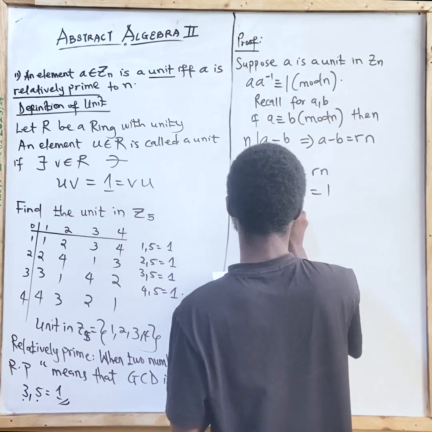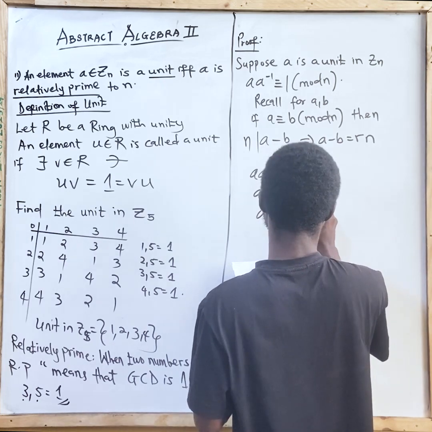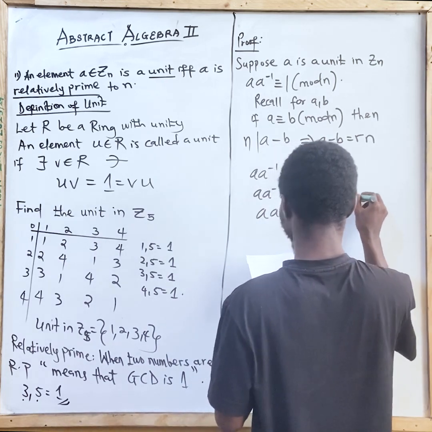And this can be written as A inverse plus N open bracket minus R, which equals 1.